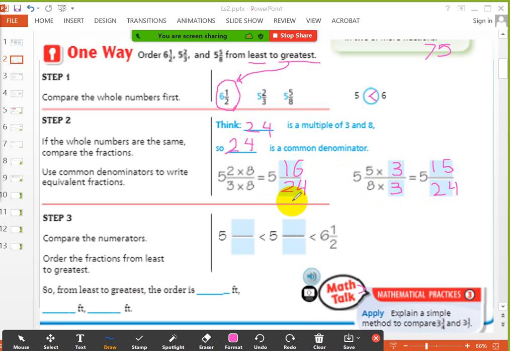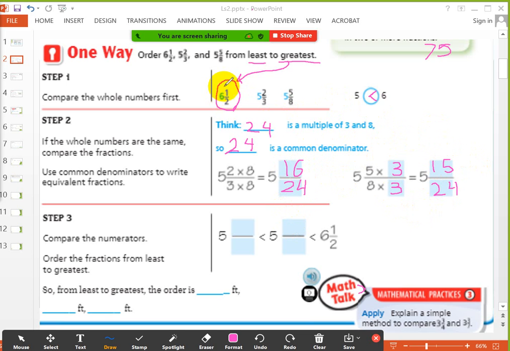Now, can I compare those numbers? 5 and 16 over 24, 5 and 15 over 24. Yes, look, I have the same denominator here and here, so I can compare the numerators. Which one is greater? I think 16 is greater than 15. Okay, 16 is greater than 15, or 15 is smaller than 16. So which one is the smaller number?